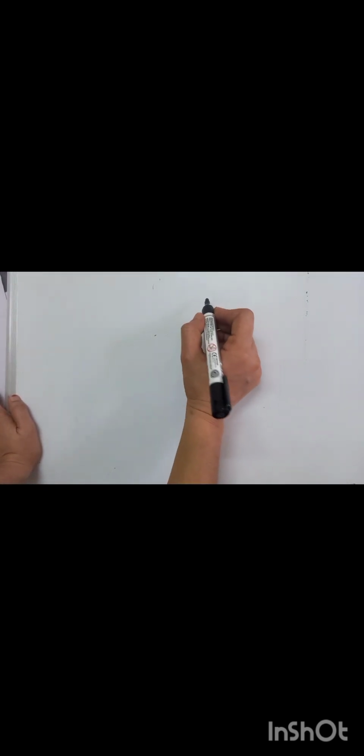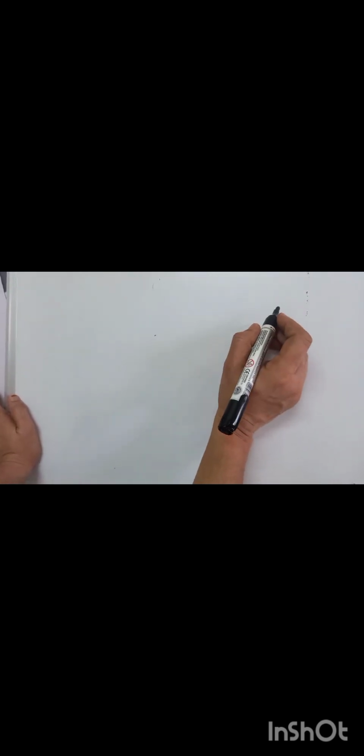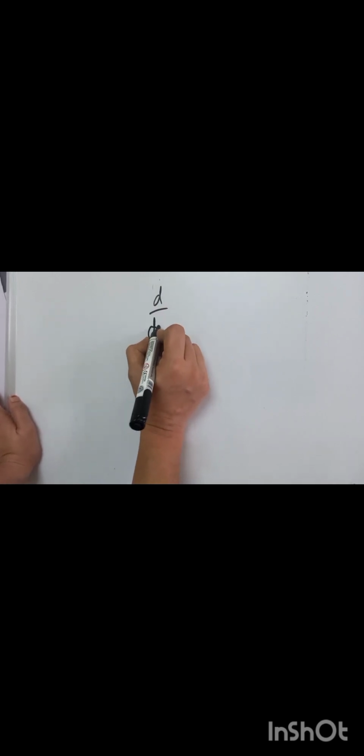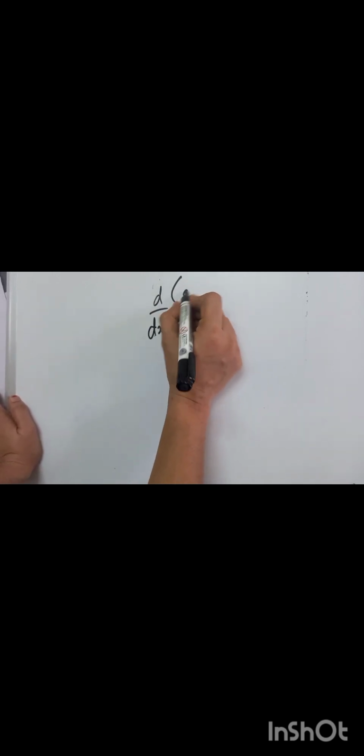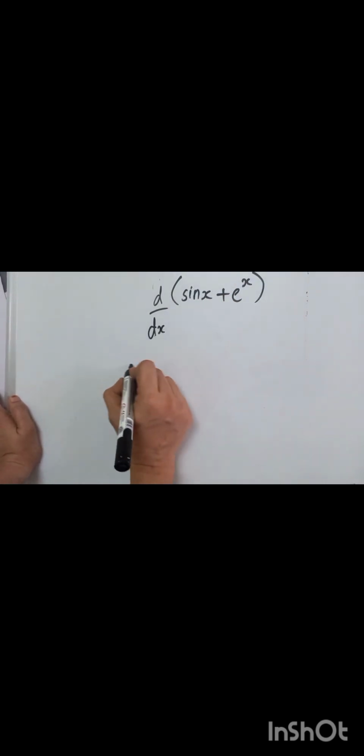Next, we know the derivatives of the trigonometric functions: d by dx of sin x is cos x, d by dx of cos x is minus sin x. Like that we can use them in some problems. It's asked to find the derivative of sin x plus e to the power x. So what you have to do?